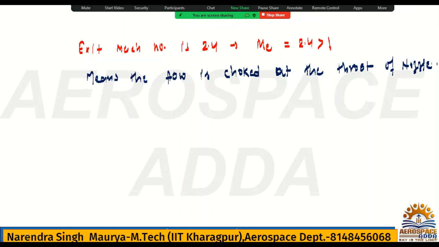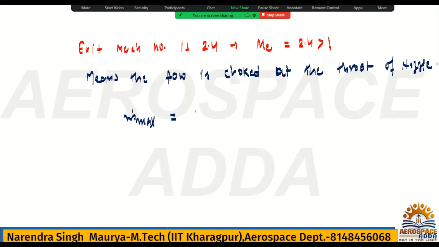So one way you can write the maximum mass flow rate, because now it is choked, and choked flow always gives the maximum mass flow rate. You can apply that concept here if you want. Otherwise, you can also write the mass flow rate formula separately. But here it is very clear that the mass flow rate is maximum because the nozzle is choked.